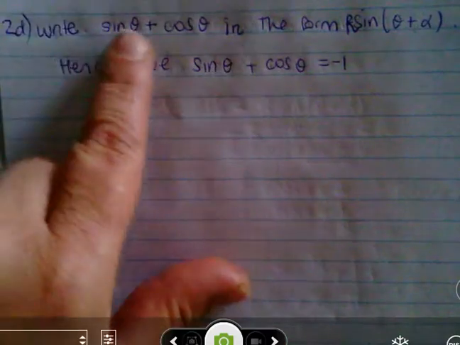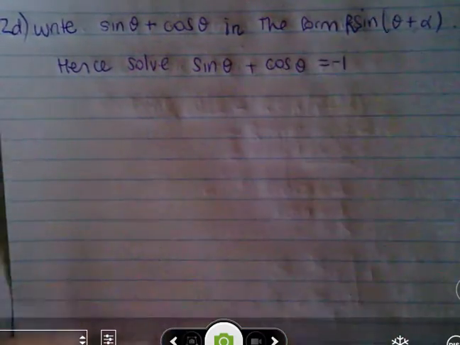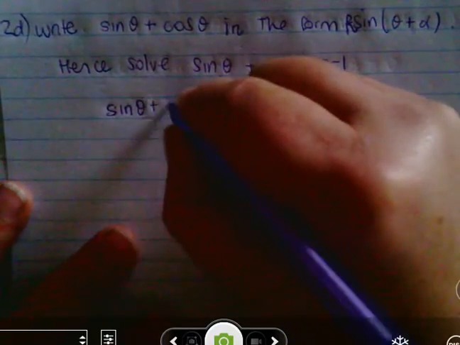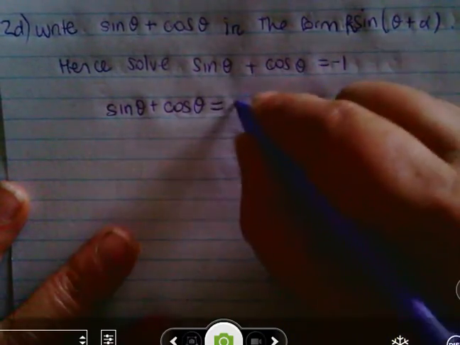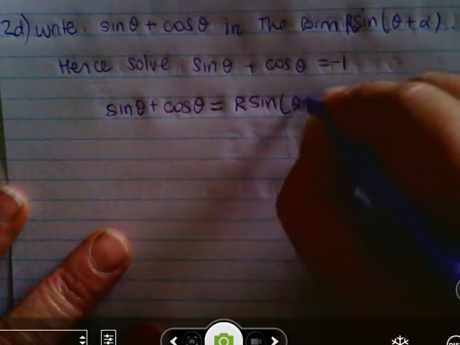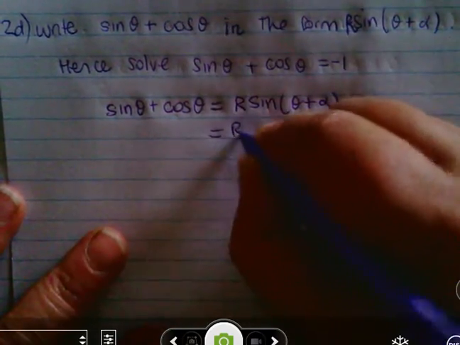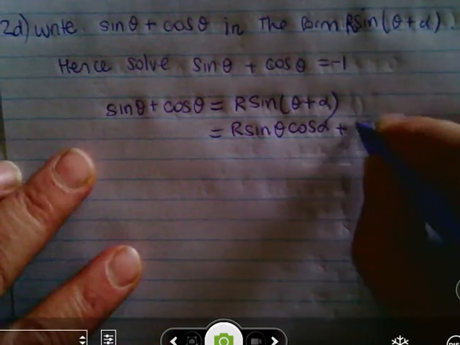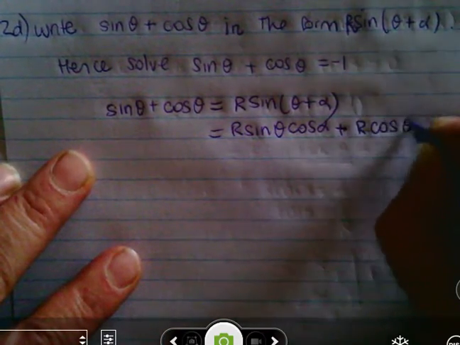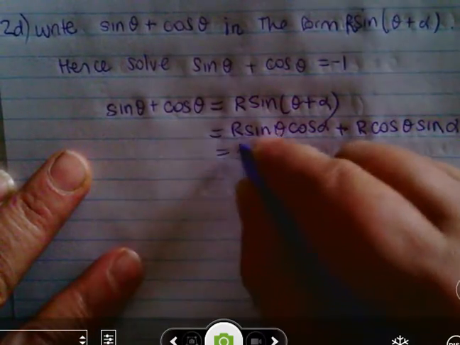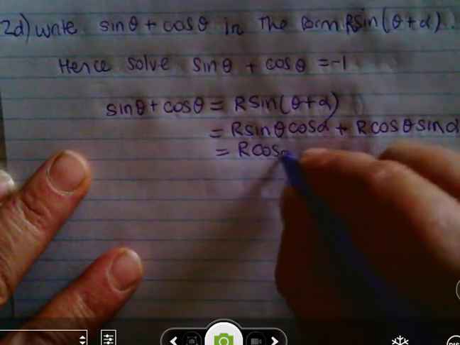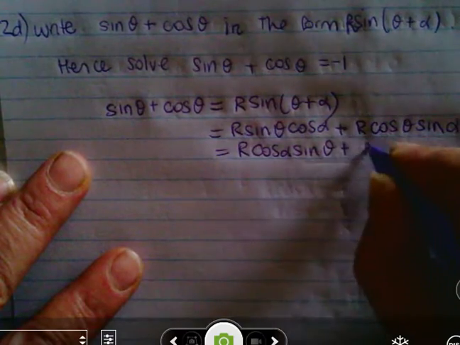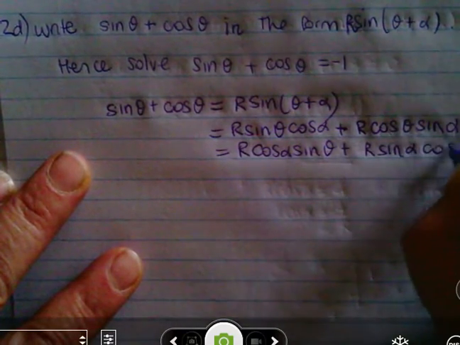Sine theta plus cos theta in the form r sine theta plus alpha, and hence solve this equation. So sine theta plus cos theta equals r sine theta plus alpha, which is r sine theta cos alpha plus, keep the sign the same, r cos theta sine alpha. Swap them around: r cos alpha sine theta plus r sine alpha cos theta.